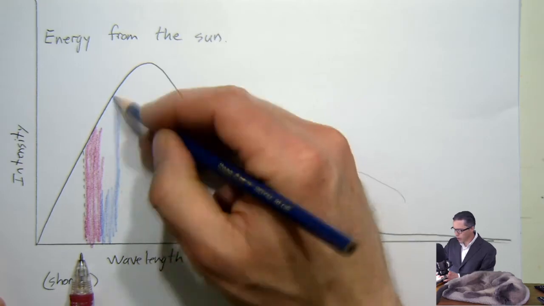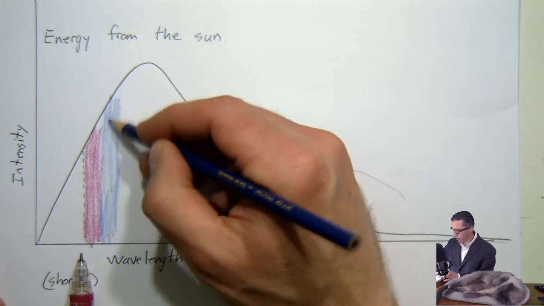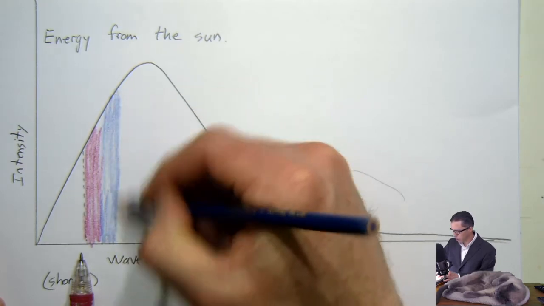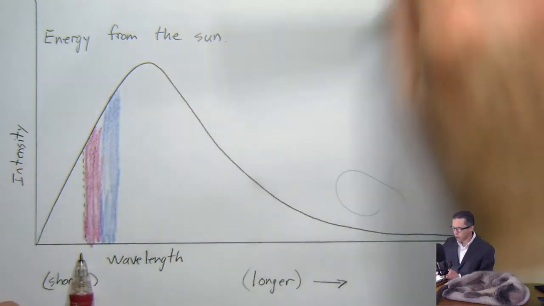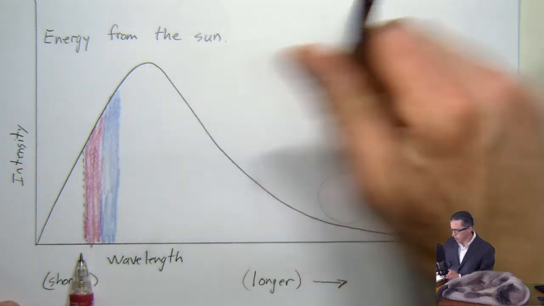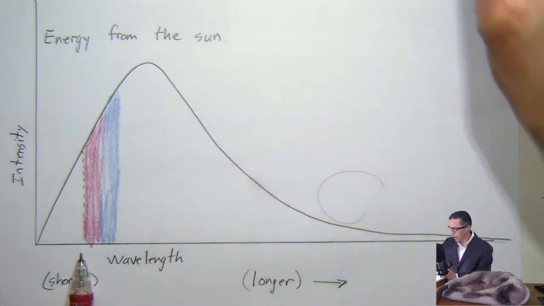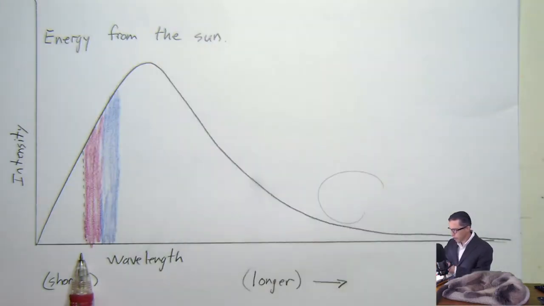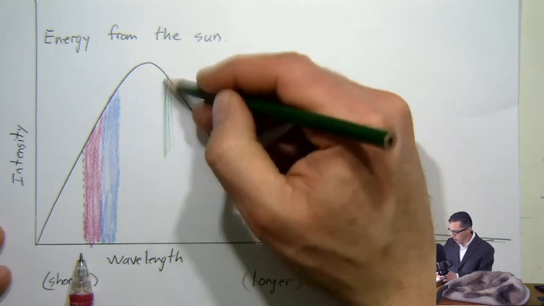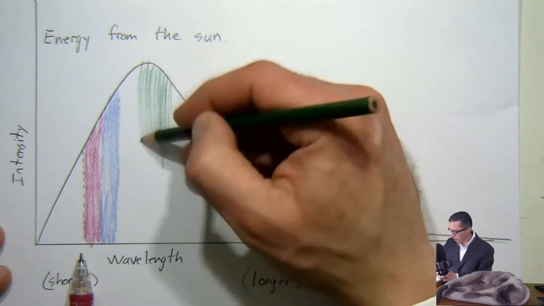I'm not going to draw every color that we can see, I'm just generalizing here. Then, as the waves get longer, they turn more and more of a green color, so I'm going to draw some green.